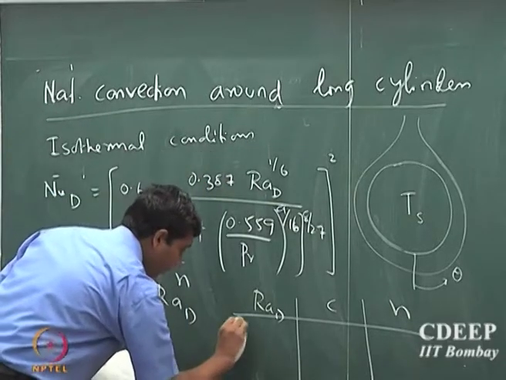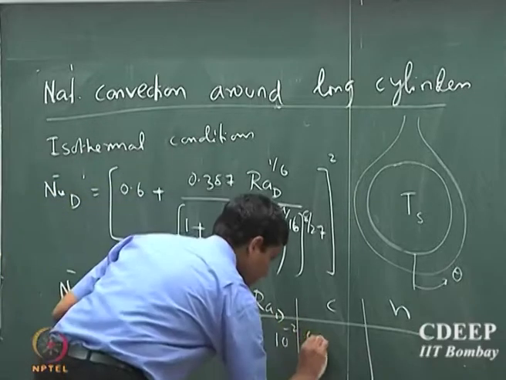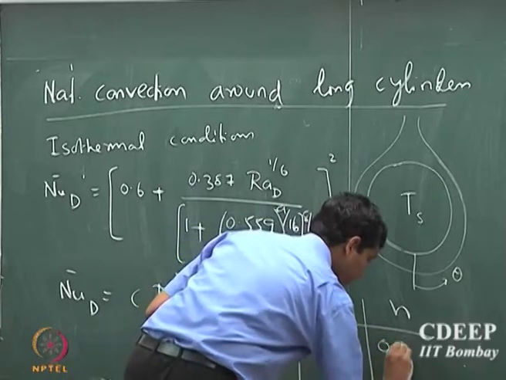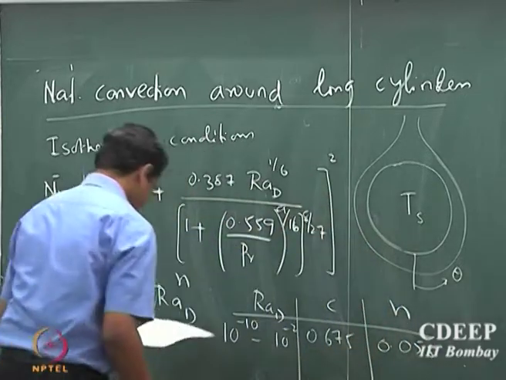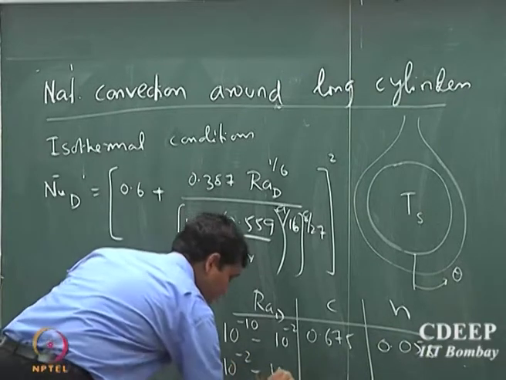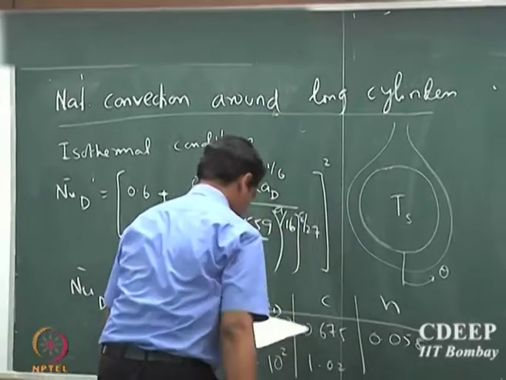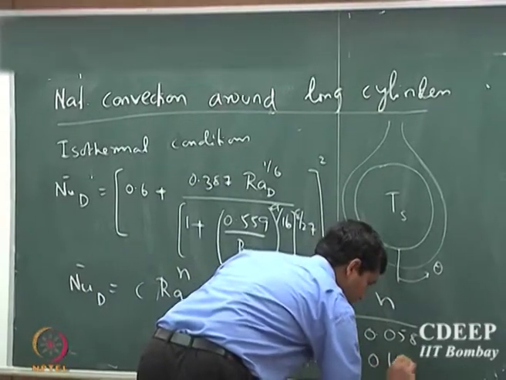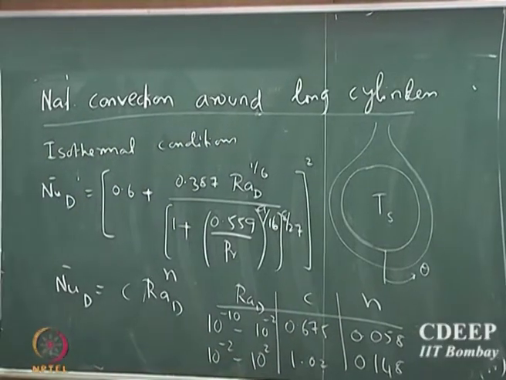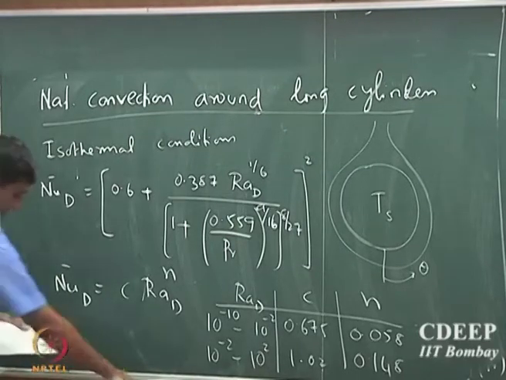So that will be 10 power minus 10 to 10 power minus 2, with C and n being 0.675 and 0.058, and 10 power minus 2 to 10 square, that's 100, with 1.02 and 0.148. So that's the Rayleigh number range, and the constants C and n for different ranges of Rayleigh number.